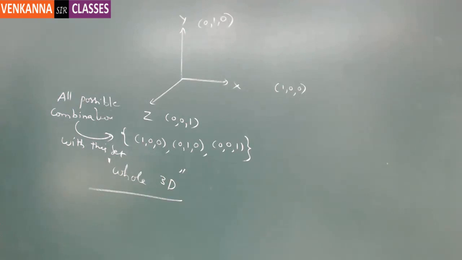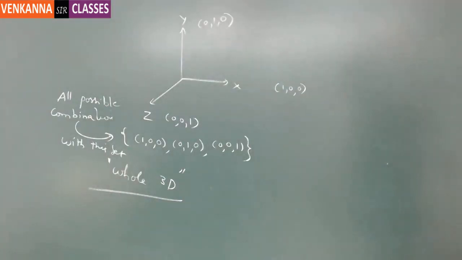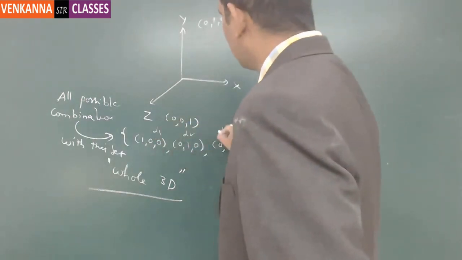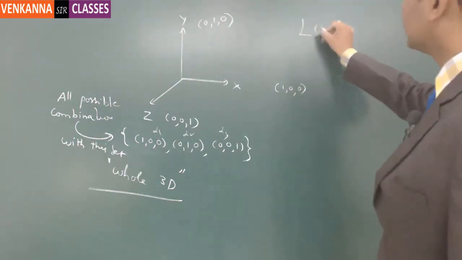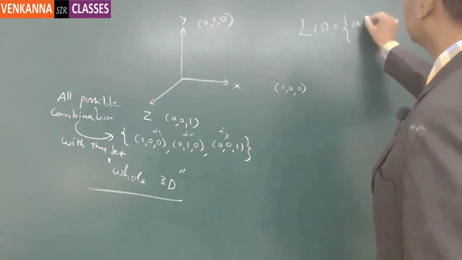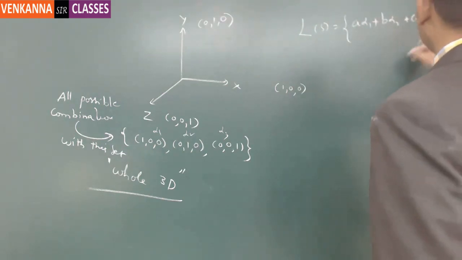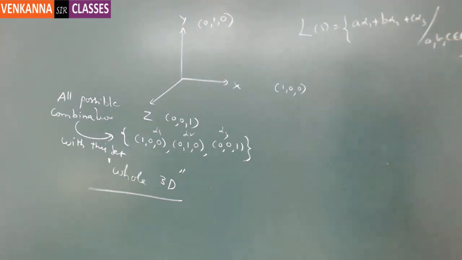I will simply say like this. Let me say, I have taken this thing as alpha 1, alpha 2, alpha 3. What is the linear combination? L of S is nothing but a alpha 1 plus b alpha 2 plus c alpha 3. A, B, C are real numbers because we are talking about the 3D system.